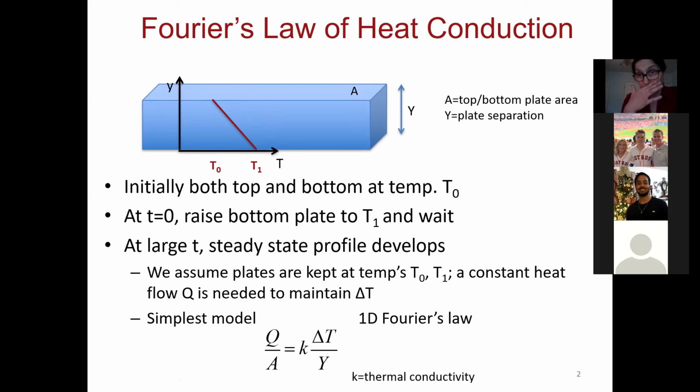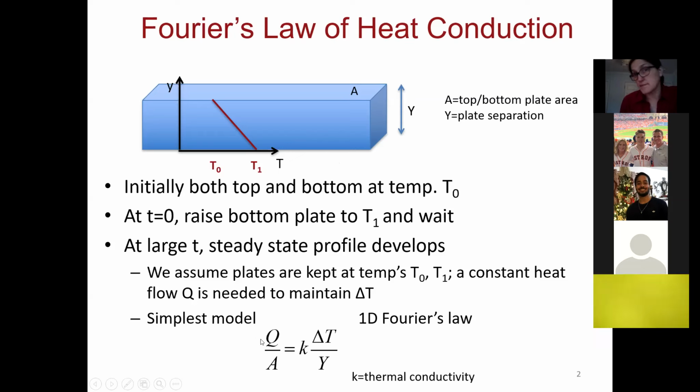Now, the simplest model for this transfer is one that relates flux. This is my heat flux per area, we typically normalize by area, and it is proportional to what ends up being a derivative, or the difference in temperature divided by the distance.